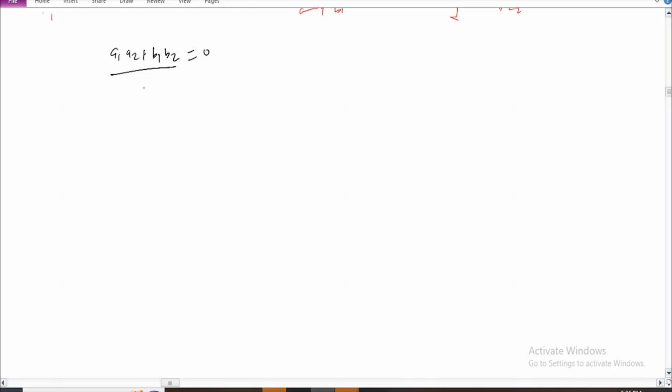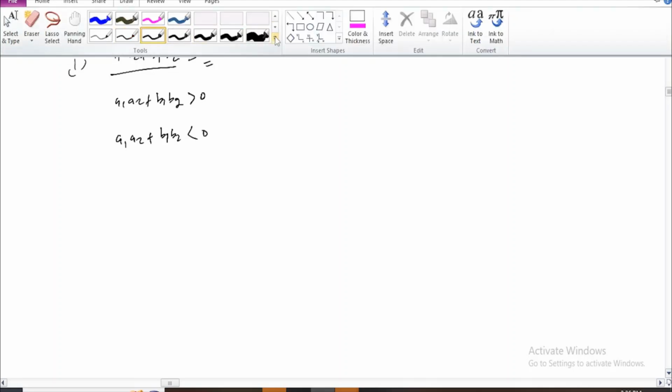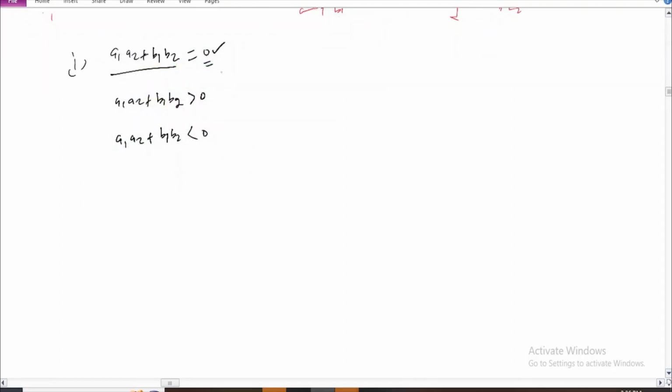It may be negative, it may be zero, it may be positive. If a1 a2 plus b1 b2 is equal to 0, it means the lines are perpendicular to each other, which we have studied in previous classes.